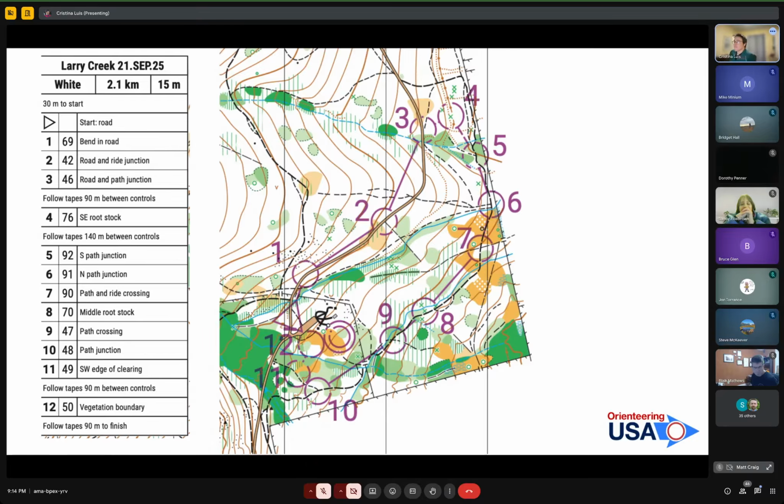But yeah, Amy asks, is another control needed between 9 and 10? Yeah, that's an interesting question. It looks like the main trail continues through this gate, maybe, but it is a little bit confusing. So I don't know, this would probably depend on what happens on the ground.